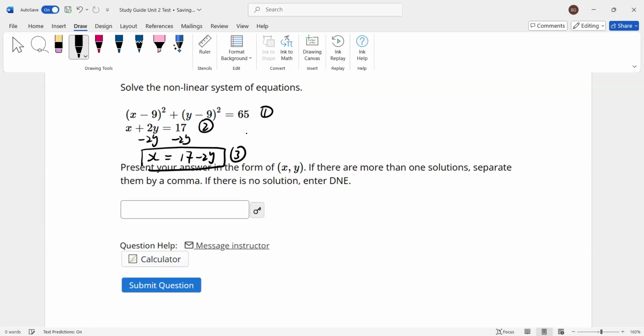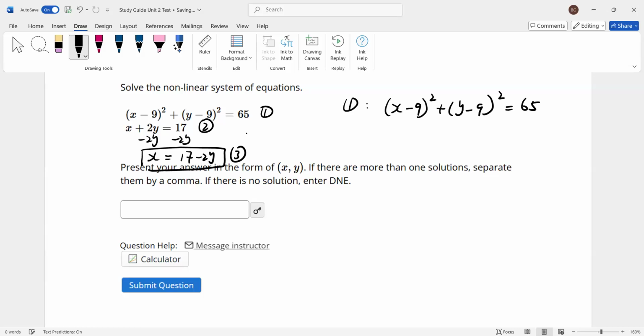And then I'm going to plug 3 into 1. We are going to substitute 17 minus 2y for x in equation 1. In equation 1, we have x minus 9 to the power of 2 plus y minus 9 to the power of 2 equals 65.